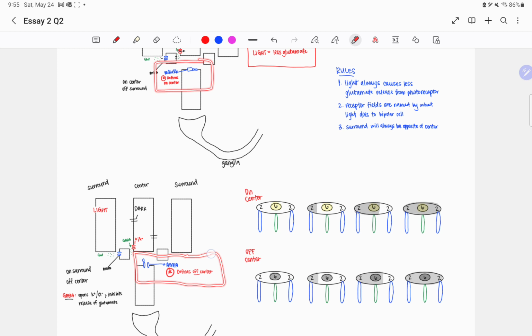Now, if we are talking about off center, we have AMPA, okay? And then our bipolar cell doesn't have a TRPM1. So glutamate, if you remember from above, glutamate activates AMPA, which means dark equals more glutamate. So in the dark, there's more glutamate released here.